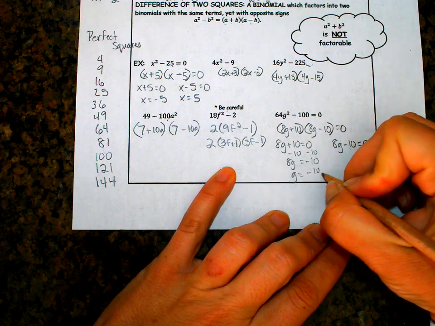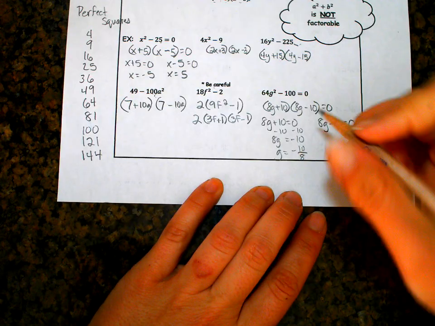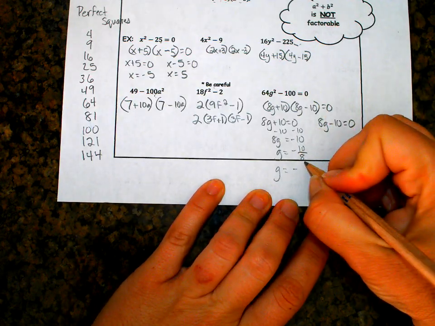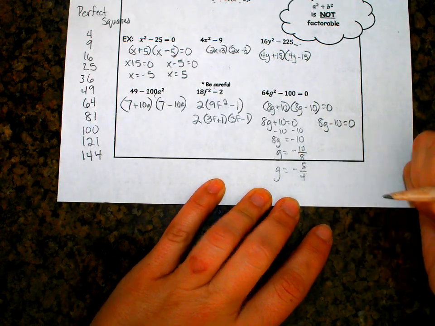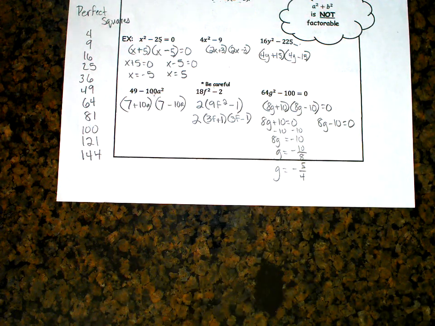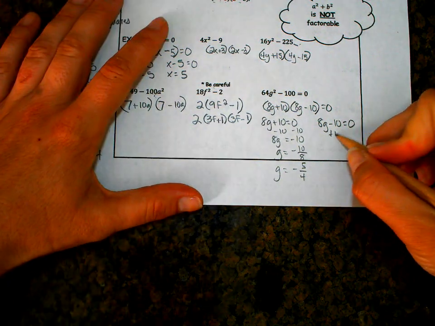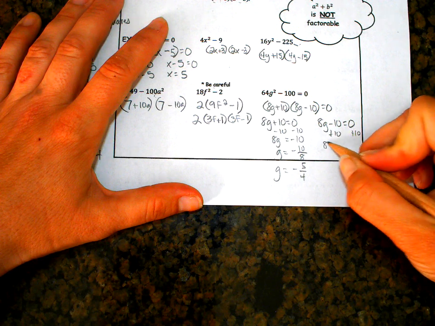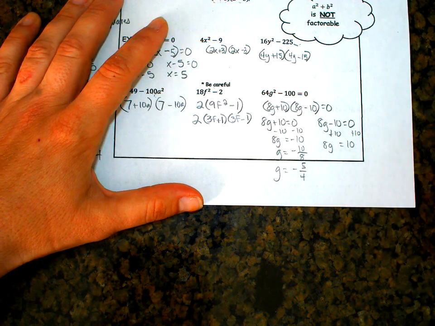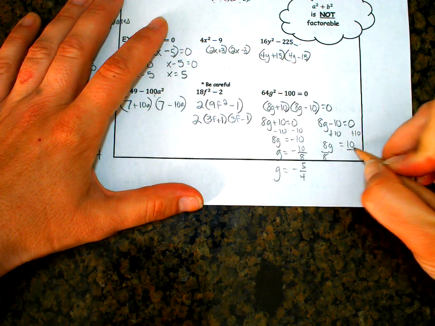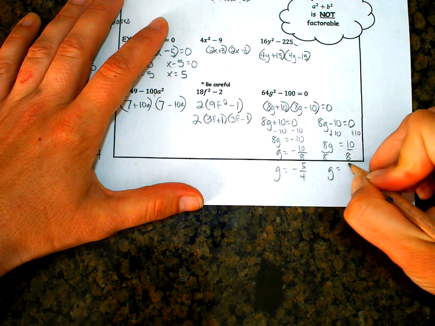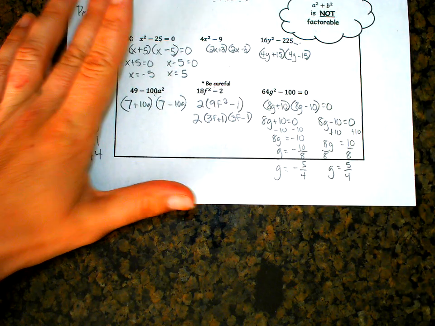Negative 10/8. Well, reduce. Negative 5/4. Then also solve for g. Positive 5/4.